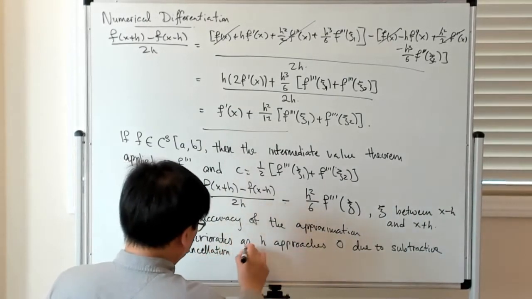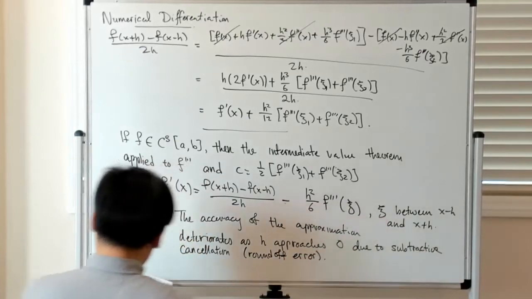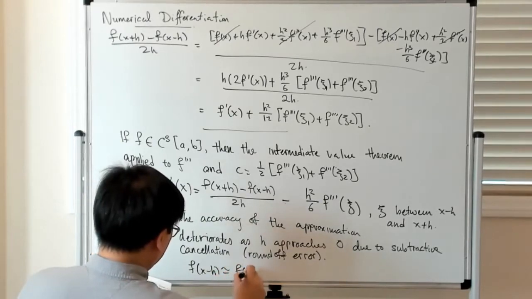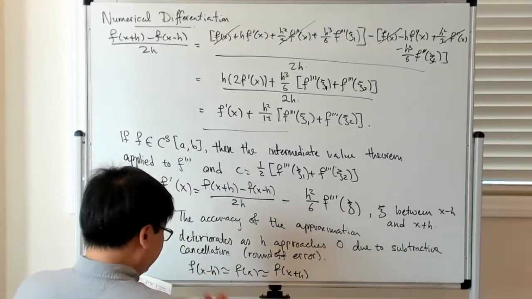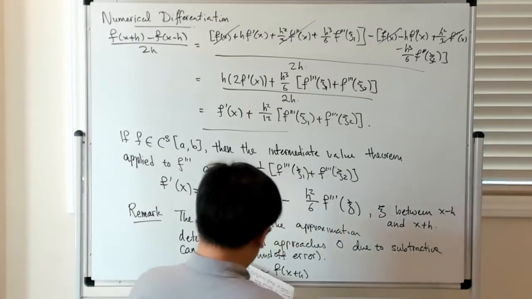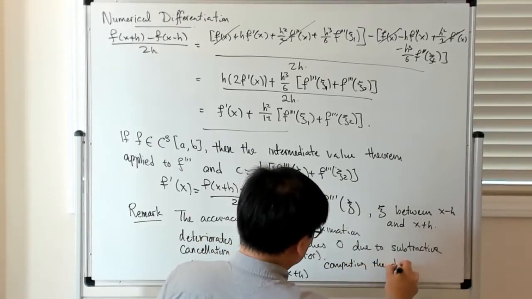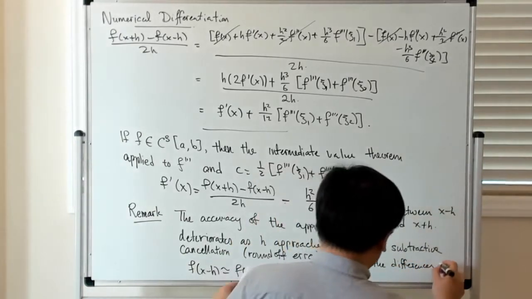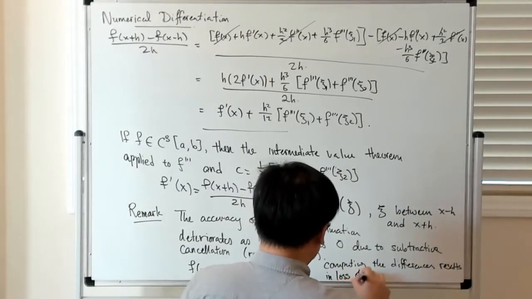This is a round-off error issue. That's because f of x minus h is approximately equal to f of x, which is approximately equal to f of x plus h. So when you're taking the difference of two numbers which are very close to each other, the difference results in a significant loss of digits. So computing the difference results in loss of significant digits.